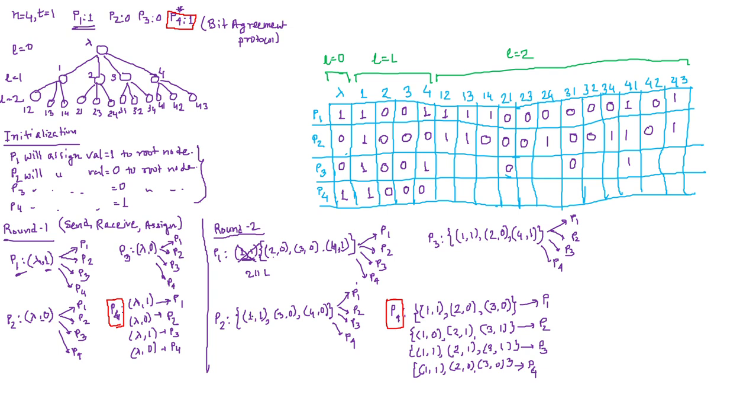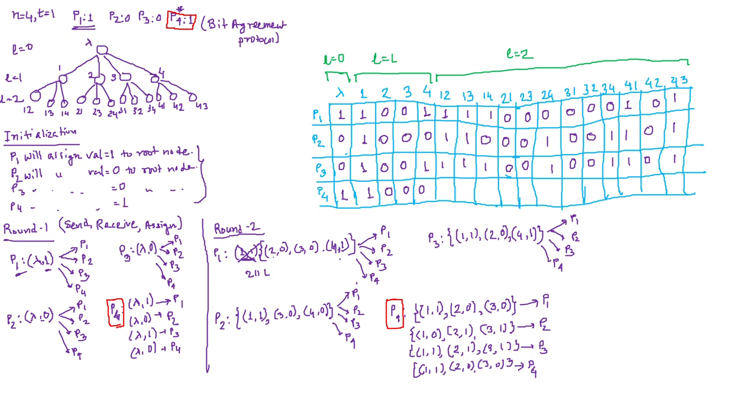From here node 1, 2 gets 1, 3, 2 gets 0, and 4, 2 gets 0. From here 1, 3 gets 1, 2, 3 gets 0, 4, 3 gets 1. From here 1, 4 gets 1, 2, 4 gets 1, 3, 4 gets 1.